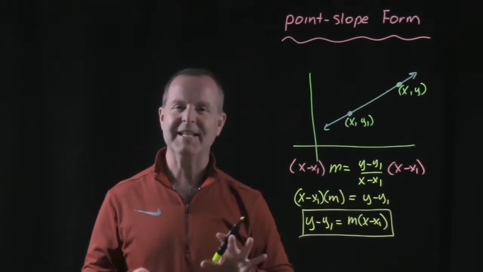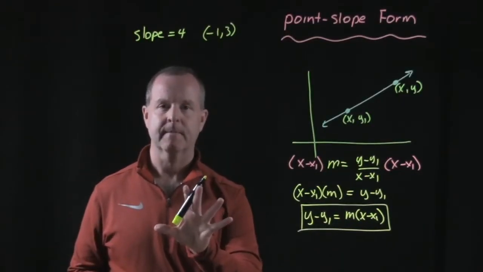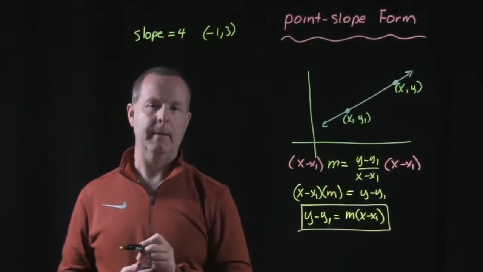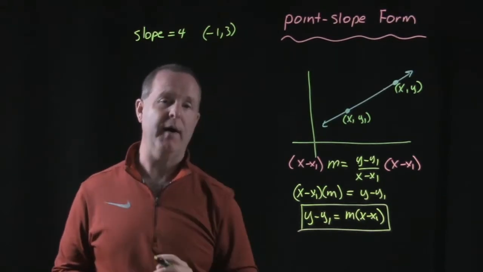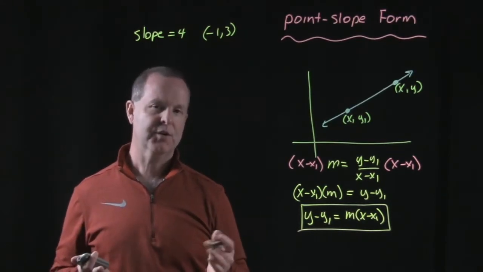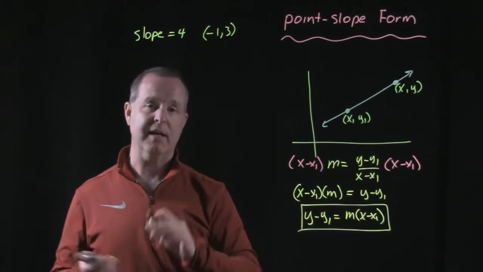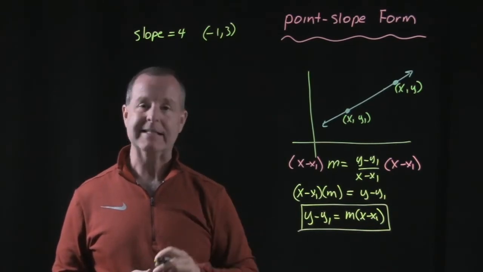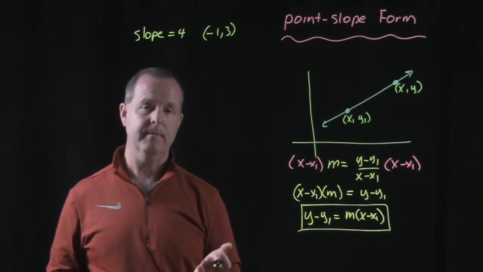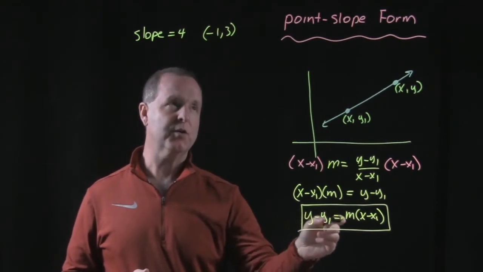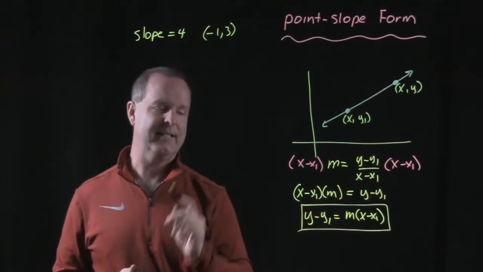So let's use it to see how useful it is. So here's the situation. I have a slope of 4, and that line passes through the point -1 and 3. So are we able to come up with an equation of that line, maybe in slope-intercept form or standard form? We can if we use our point slope form to get us there.